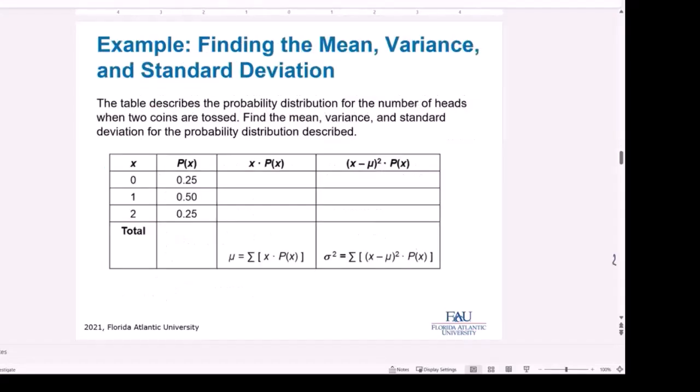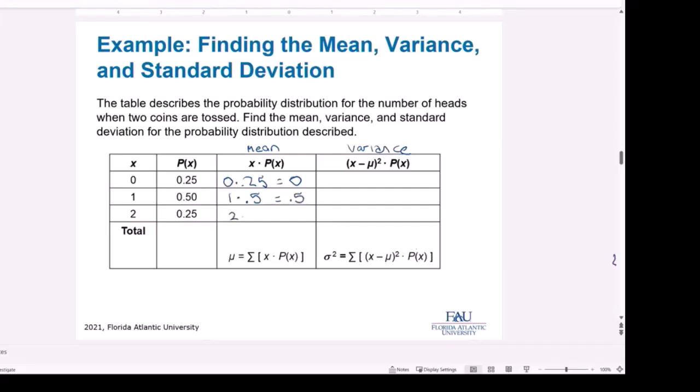Let's do an example. This table is going to describe the probability distribution for the number of heads when two coins are tossed. This is the mean. This right here is going to be the variance when I sum them. X, which is 0, times 0.25 is 0. 1 times 0.5 is equal to 0.5.